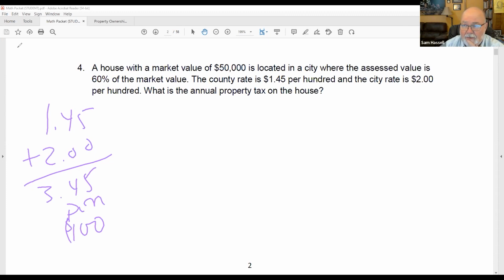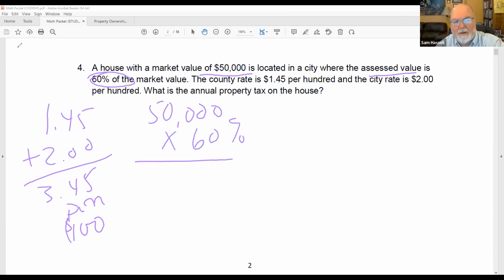Now we are going to be assessed at 60% of the market value. Our market value is 50,000, so we have 50,000 times 60%, or 0.60, either way. That means the value they're going to tax us on is going to be $30,000.